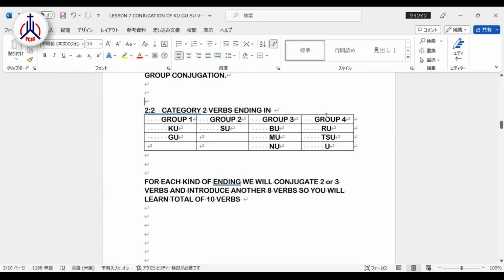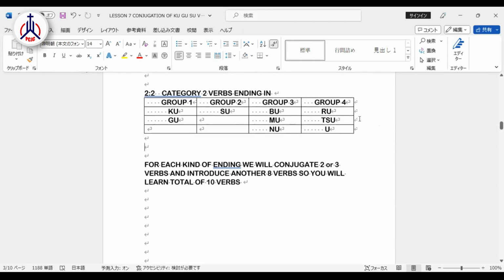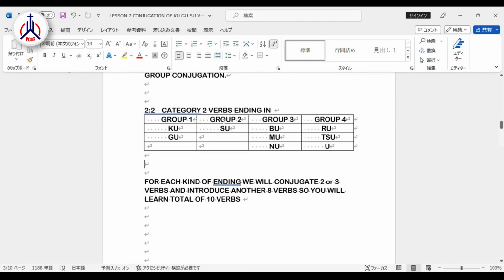And then in group 4, verbs ending in ru, but this is another ru, meaning tsu, and then u. So kindly note this one because this is important.